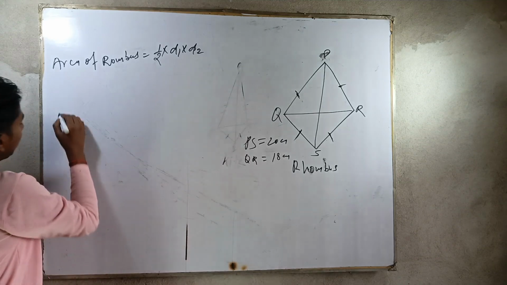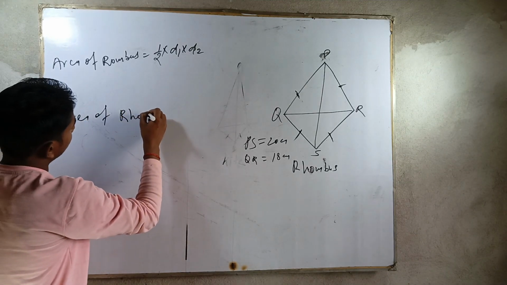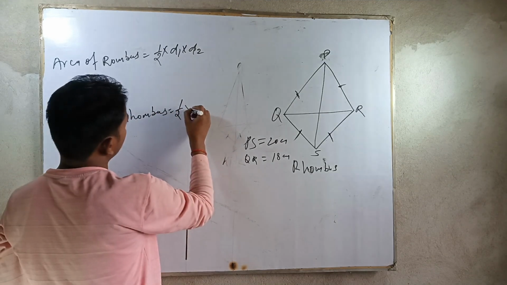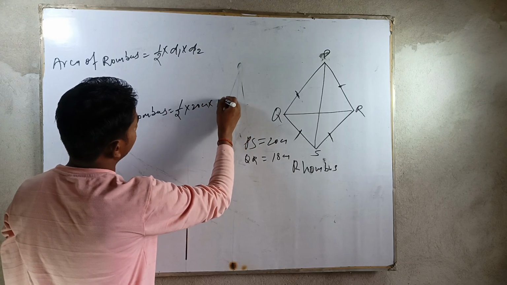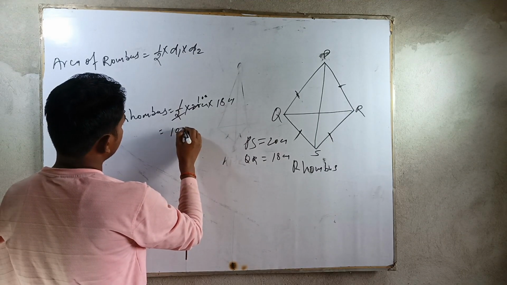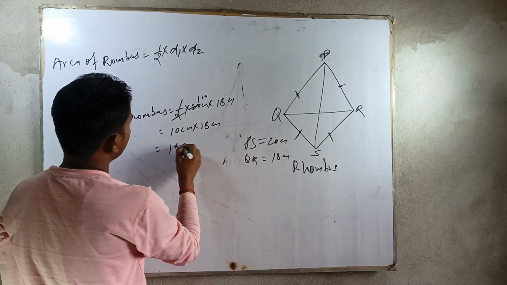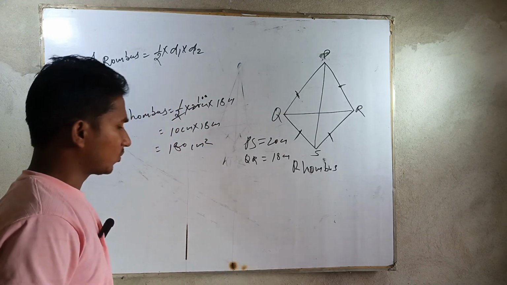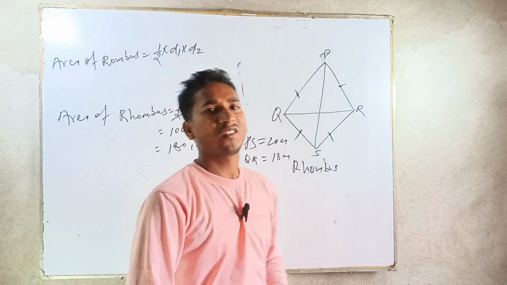Then I will find the area of the rhombus equal to 1 by 2 into 20 centimeter cross 18 centimeter. Half of 20 is 10 centimeter, so 10 centimeter cross 18 centimeter gives 180 centimeter square, the area of the rhombus. So this is the way to find the area of a quadrilateral.